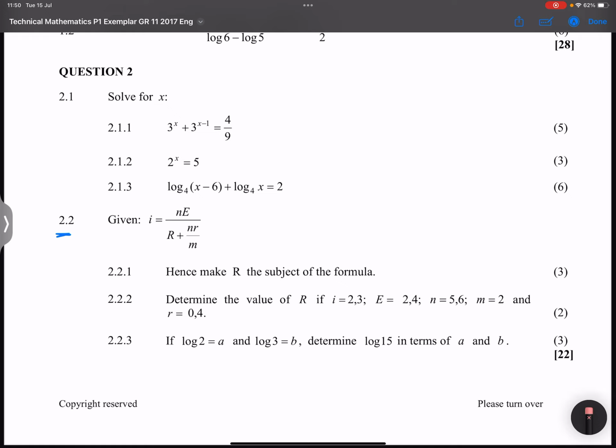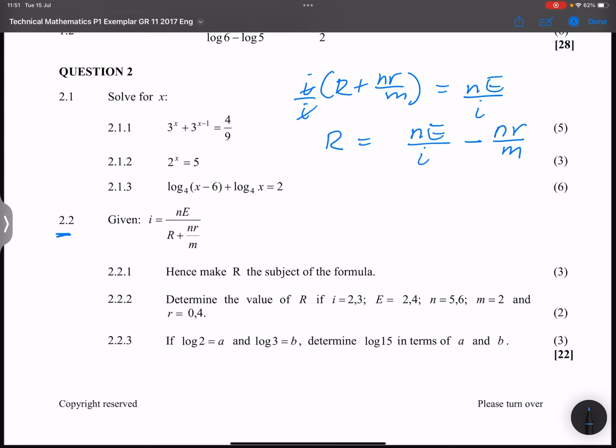So I had I into R plus NR over M, which is equal to NE, and I said that we divide by I, and R was equal to NE over I minus NR over M.